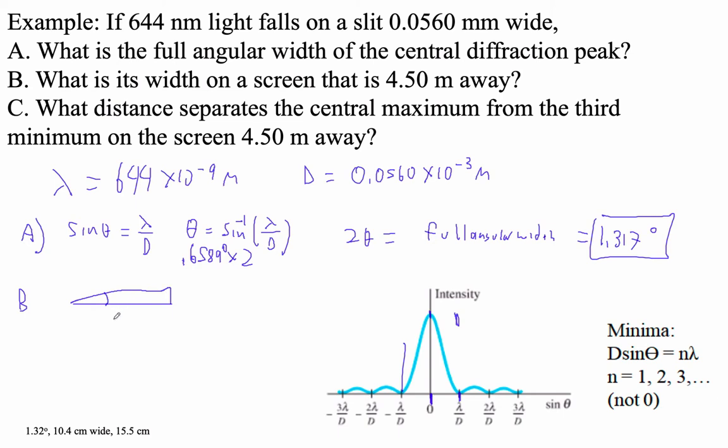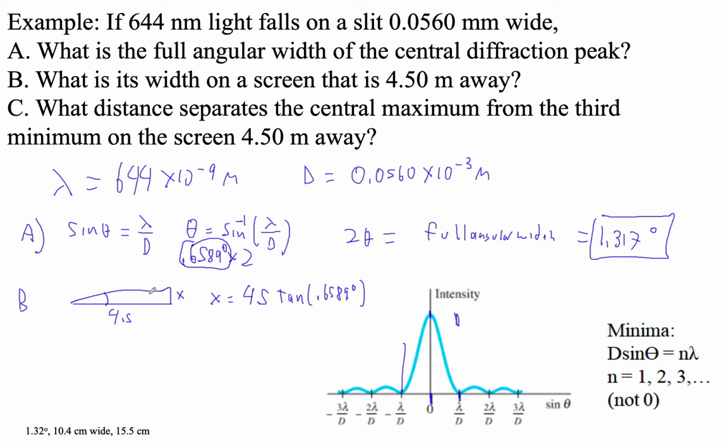Okay, so this is 4.5, this is what I'll call X. So X is going to be, I'll use this half width and then double it. So X equals 4.5 times the tangent of 0.6589 degrees.